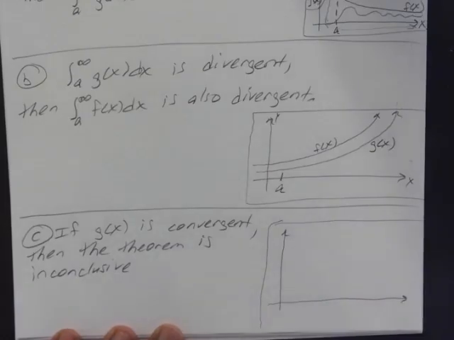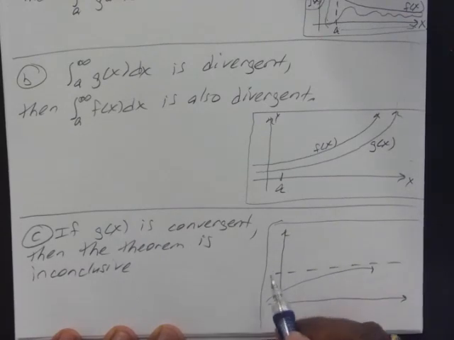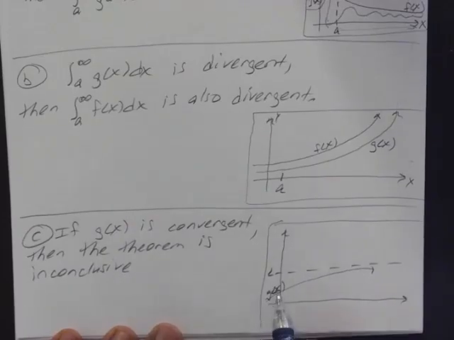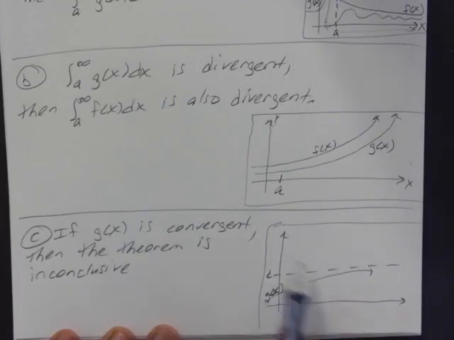Okay. So we know that, let's say if we have g of x converges to some limit that we'll call L. Okay, so this is your g of x. Okay. Well, your f of x could converge to that same limit.